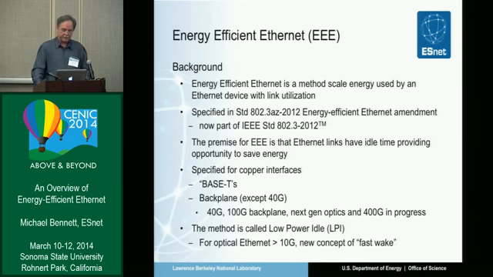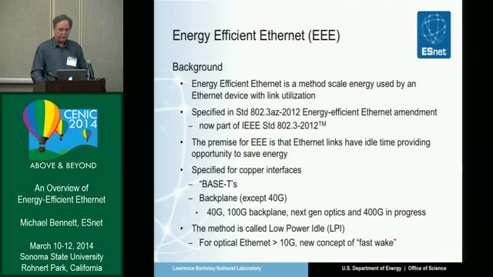It's specified in that standard for what I call the base Ts, which is 10, 100, 1000, and 10GBASE-T. And it's also specified for backplanes, except for 40 gig, which is actually 40 gig, 100 gig backplane, next generation optics, and 400 gig. Those are all projects that are in progress now, and some form of EEE is being specified there as well.